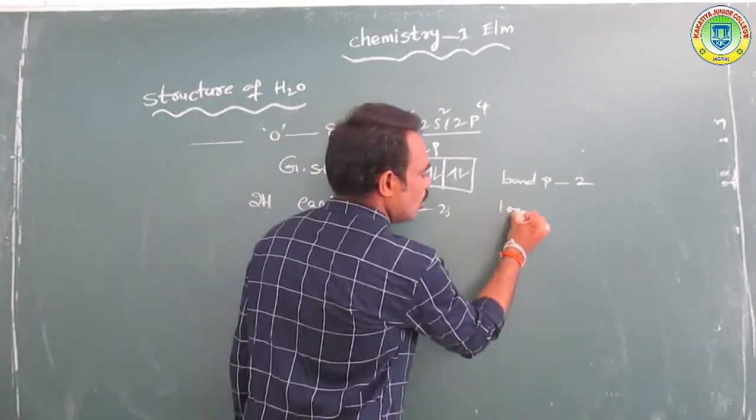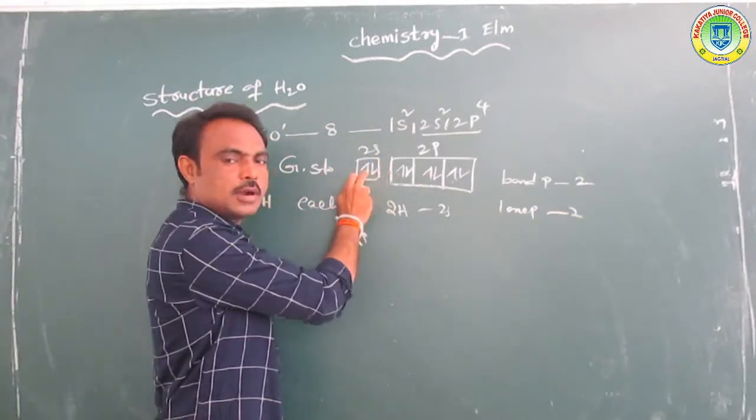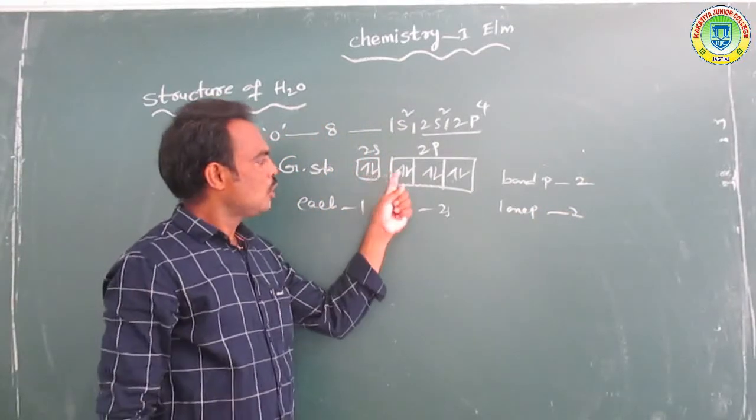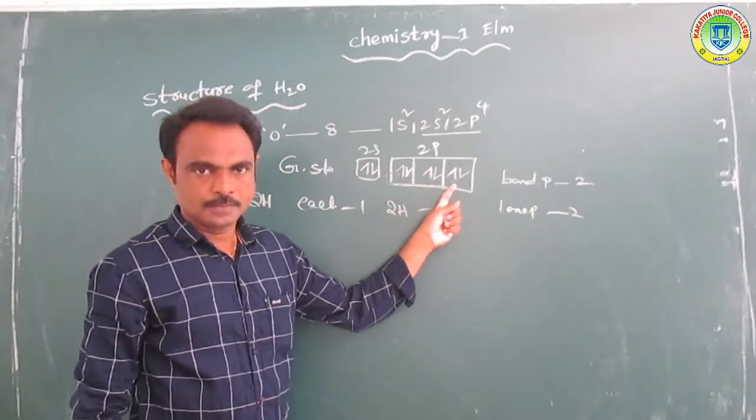So there are 2 lone pairs, and these 2 pairs do not participate in the bond formation. So 2 lone pairs and 2 bond pairs.